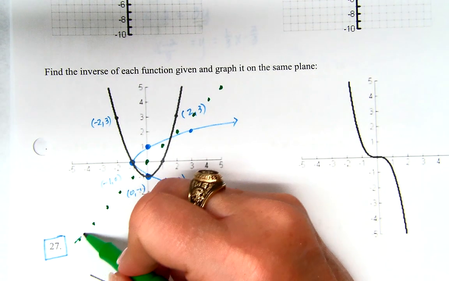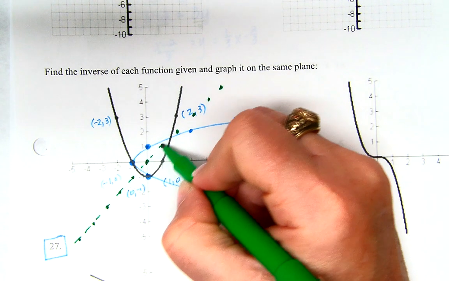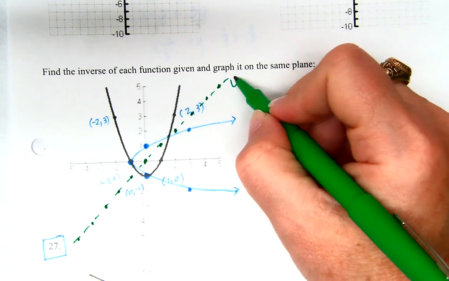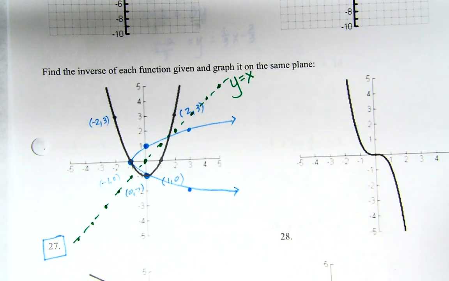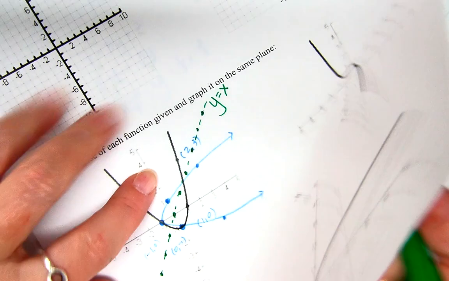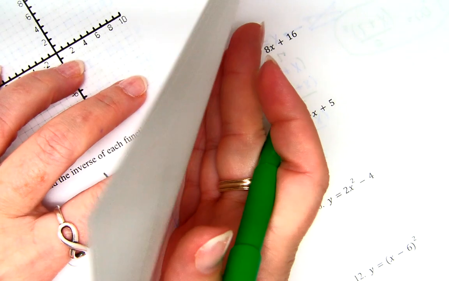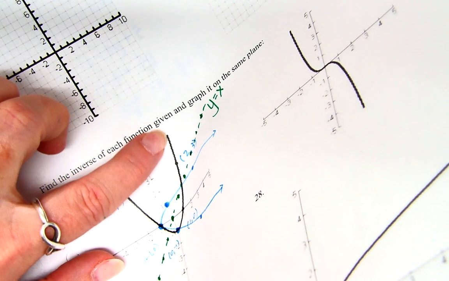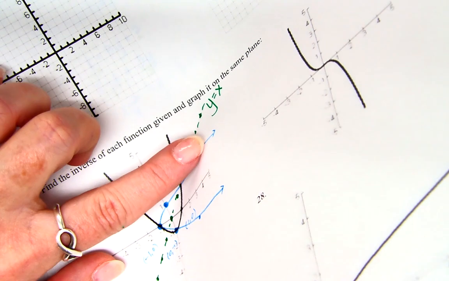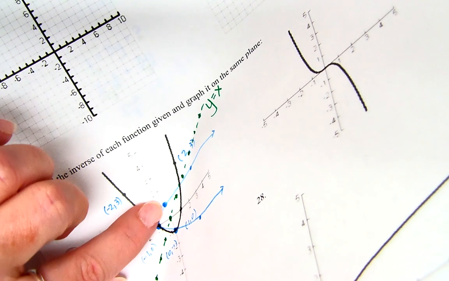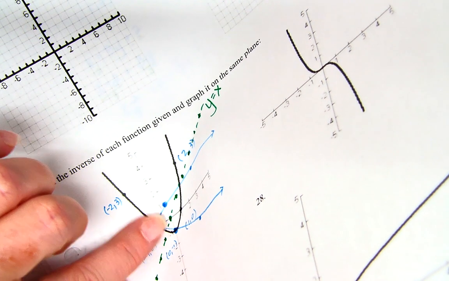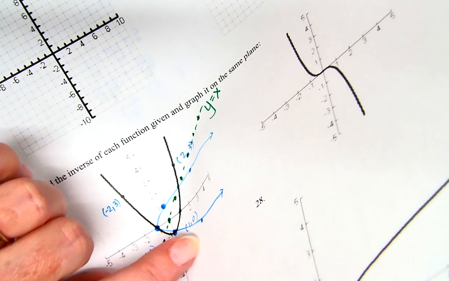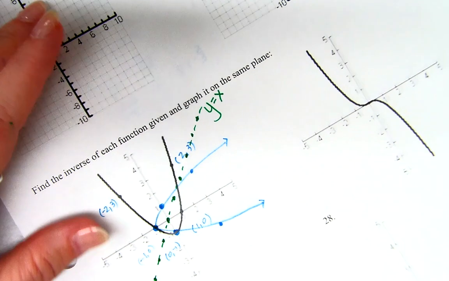If I graph this line right here, the line y equals x, what would happen if I took my paper and folded my paper along the line y equals x? Isn't this going to be right on top of that? Yes.